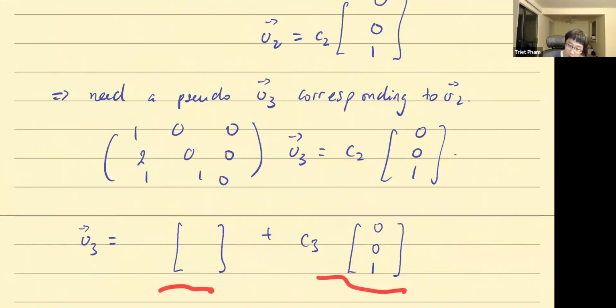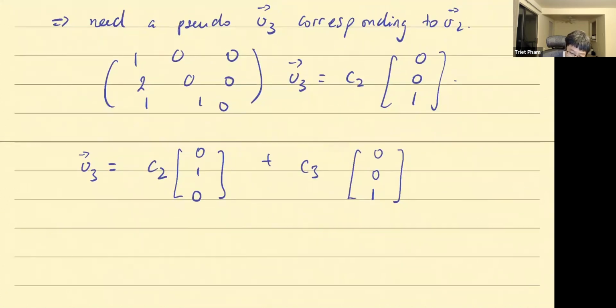Now, what is a particular solution then? It should be 0, 1, 0, right, with a C2 in front. Correct. Okay, so now put things together. What is my final solution?